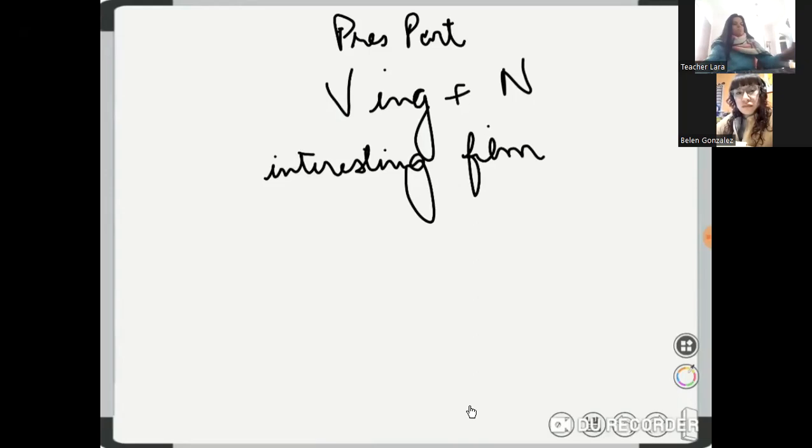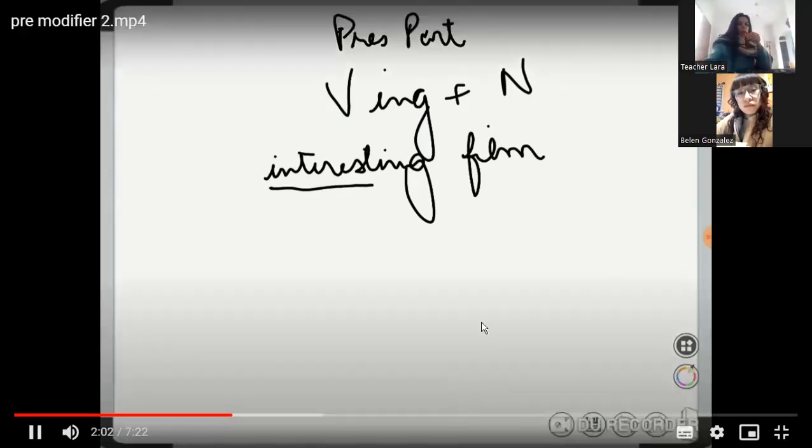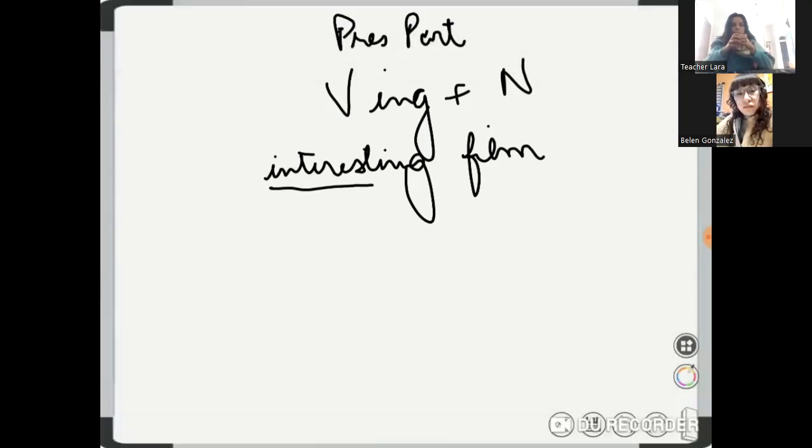But in fact, the word comes from the verb interest, and by adding ing, I am forming the present participle. So that's why we are going to make the difference between adjectives and those functioning as adjectives but coming from verbs. So, interesting film is a pre-modifier present participle plus the head noun.